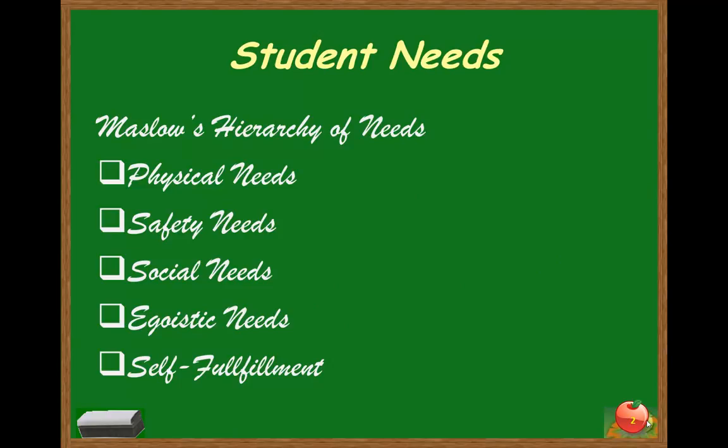The first thing he covers is student needs, and he uses a very old model called Maslow's hierarchy of needs. This was created by Dr. Abraham Maslow. He studied human behavior for a long time and put down these truths that became his hierarchy of needs.